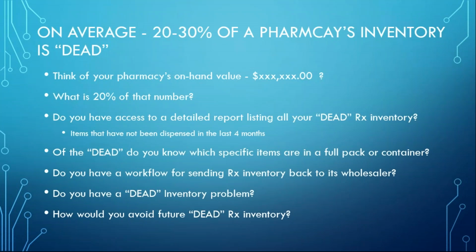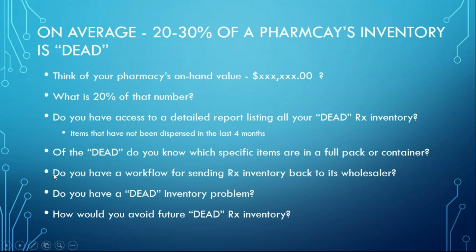And then, of course, if they're dead in full pack, full containers, the next question is, do you have a defined workflow for sending those items back to the wholesaler? And is that workflow unique? Is an item going to repeat itself on any given list when you already know you can't send it back, so it shouldn't show up on tomorrow's list?